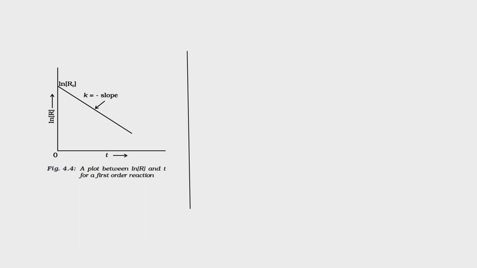Yes, this is the graph, a plot between ln R and t for a first order reaction. This graph is very important, dear students. A plot between ln R and t is drawn. Then what is the slope value? Slope equal to minus k, or k equal to minus slope. Very important graph. Have a look at the graph.